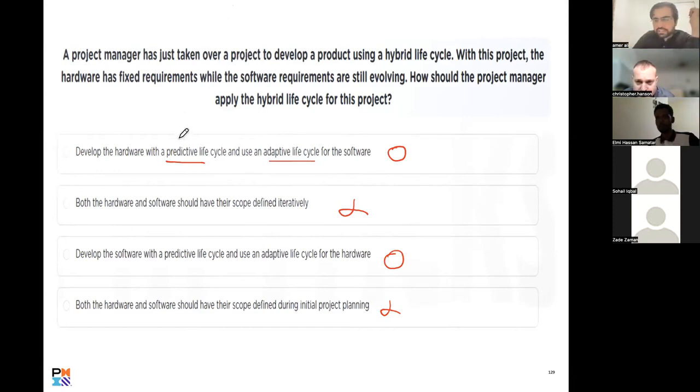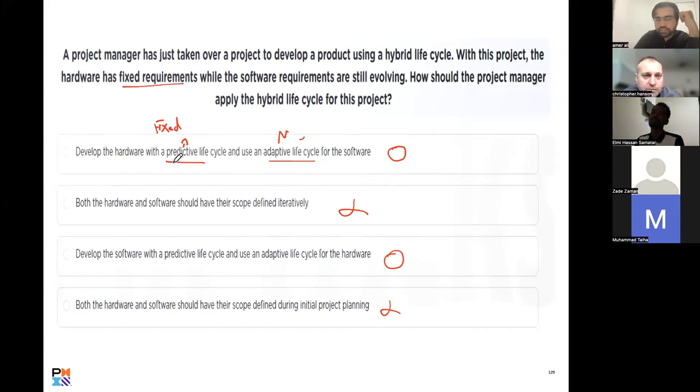So predictive has fixed requirement or it has evolving requirement? Fixed. Adaptive has fixed requirement or not fixed requirement? Non-fixed. But the question is saying the hardware has fixed requirement. So obviously we go with the predictive. The software requirements are still evolving. So adaptive. There you go.